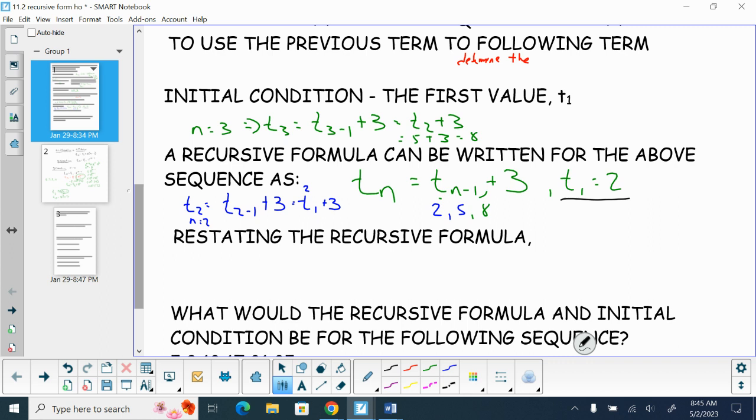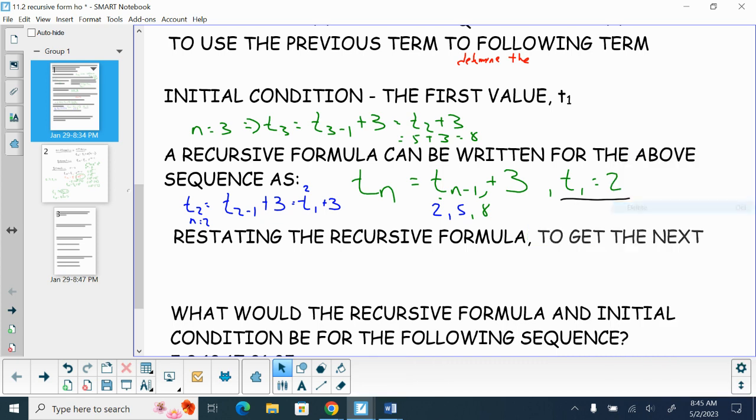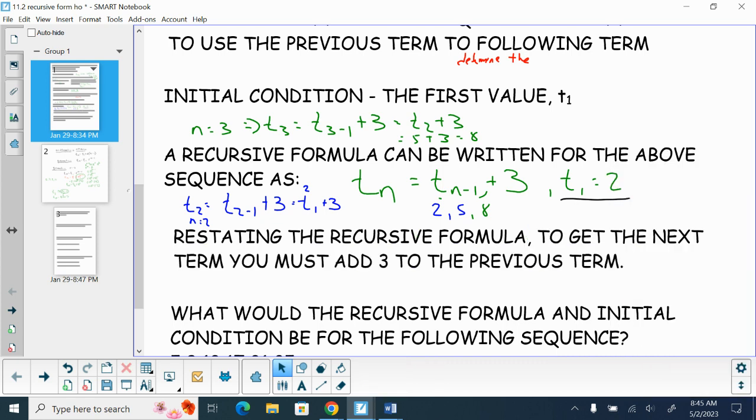I'd have 7, 10, 13, and so on. Basically, what you want to think about here is, and this is once again how our brain works a little bit more, what do you have to do to the previous term to get to the next term? You must add 3 to the previous term.